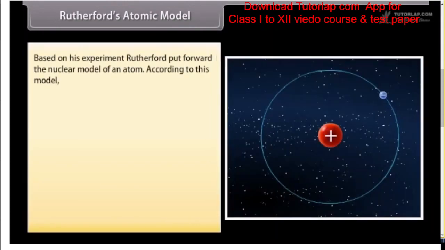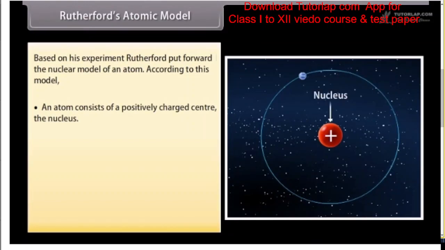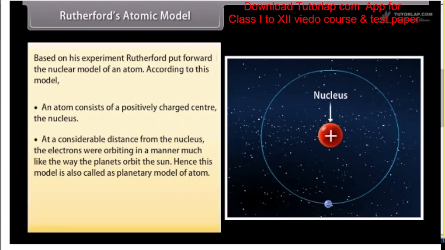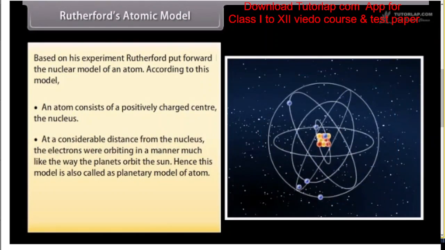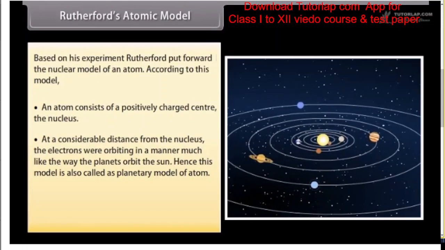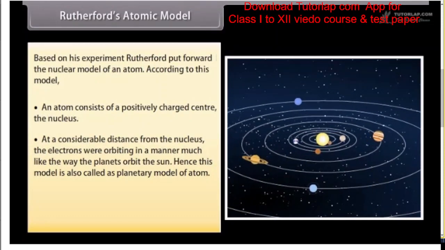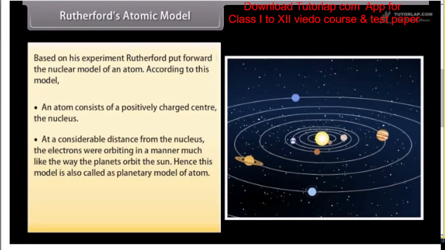Rutherford's atomic model. Based on his experiment, Rutherford put forward the nuclear model of an atom. According to this model, an atom consists of a positively charged center, the nucleus. At a considerable distance from the nucleus, the electrons were orbiting in a manner much like the way the planets orbit the Sun. Hence, this model is also called the planetary model of atom.